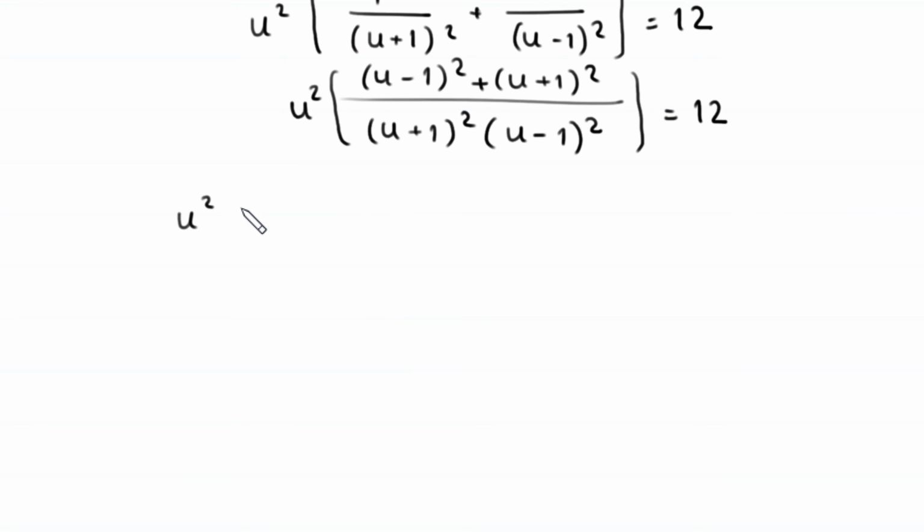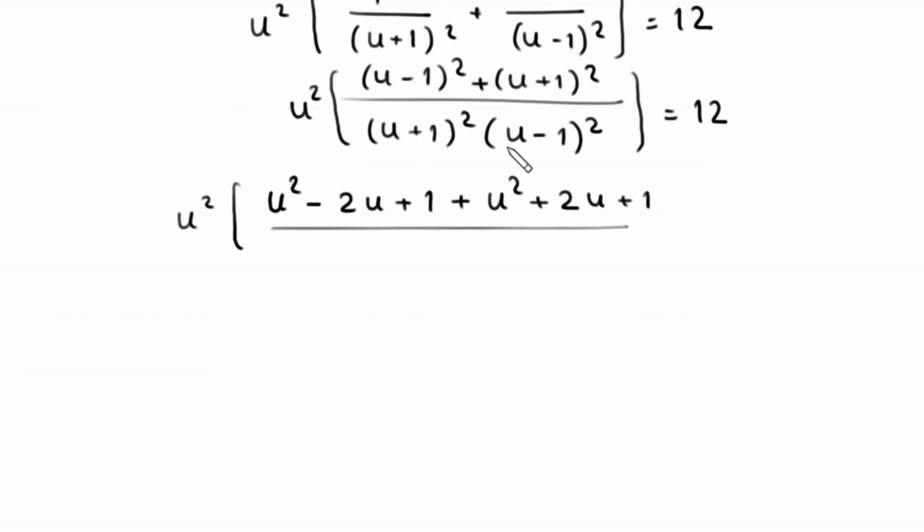Next, u squared times: expand this (u-1) whole squared, this will become u squared minus 2u plus 1. Expand this (u+1) whole squared, this will become plus u squared plus 2u plus 1, divided by (u squared minus 1) whole squared, and this is equal to 12.